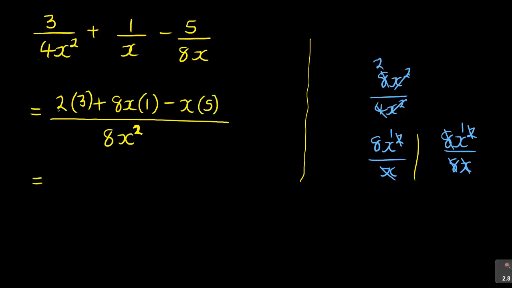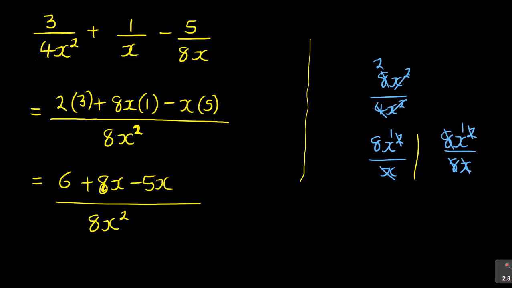So which is equal to 2 times 3, it's 6. 8x times 1 is plus 8x. You're getting that? Minus x times 5 is minus 5x, all over 8x squared. Already they are like terms. These are like terms, 8x minus 5x.